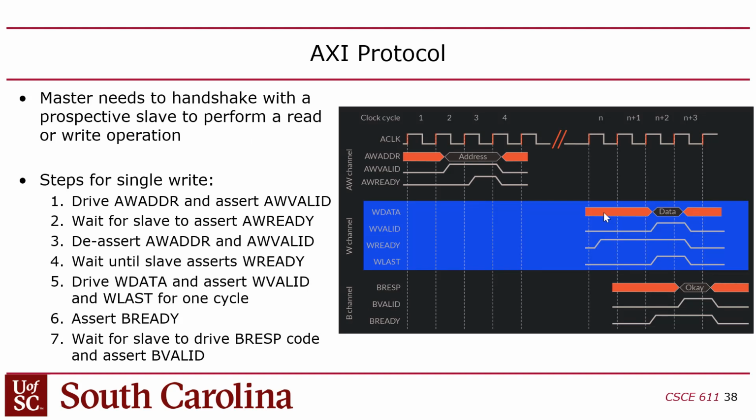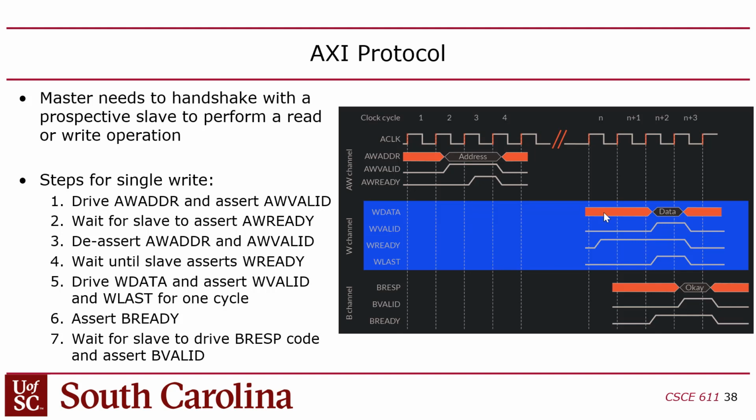Okay, so this is an example for a write. There's also a handshaking protocol that has to happen. If I want to put an address out on, say, the AW channel, the AW address, meaning I want to write to an address, the master puts the address out and puts the valid. You say, I've got an address and it's valid.